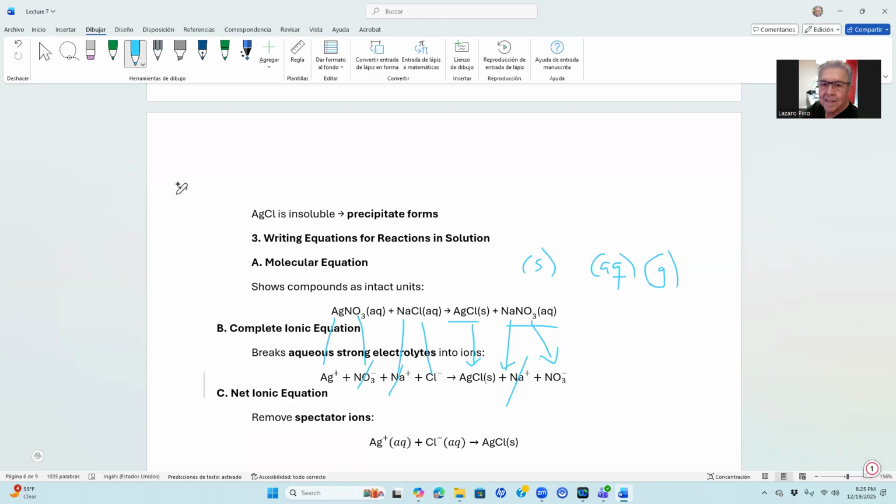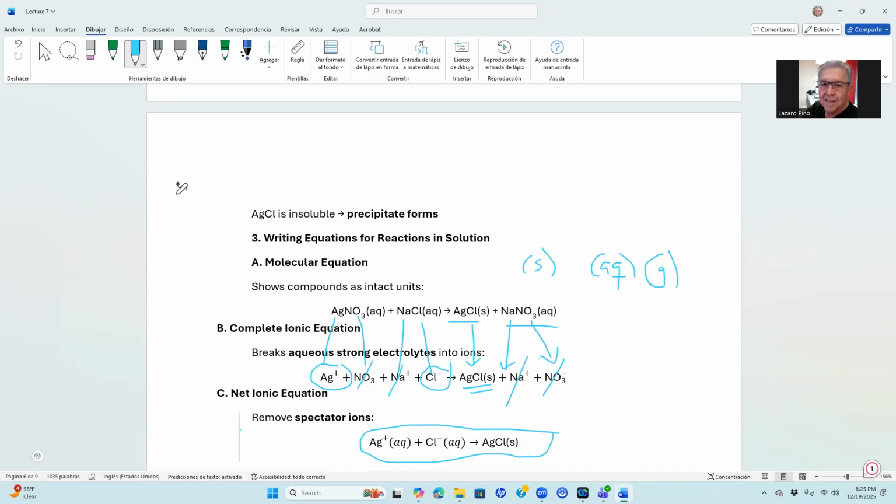Then they are not taken into account, or they are not in the reaction exactly, because they remain in solution. But silver plus chloride makes the solid, and this is what we call the net ionic reaction.